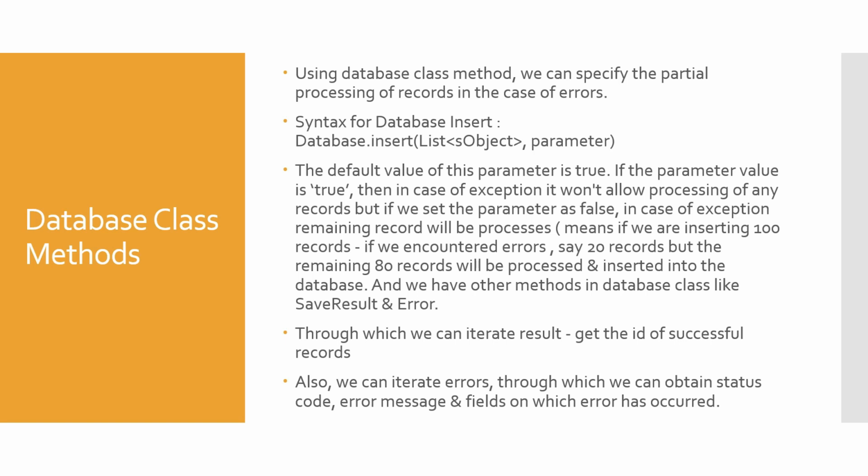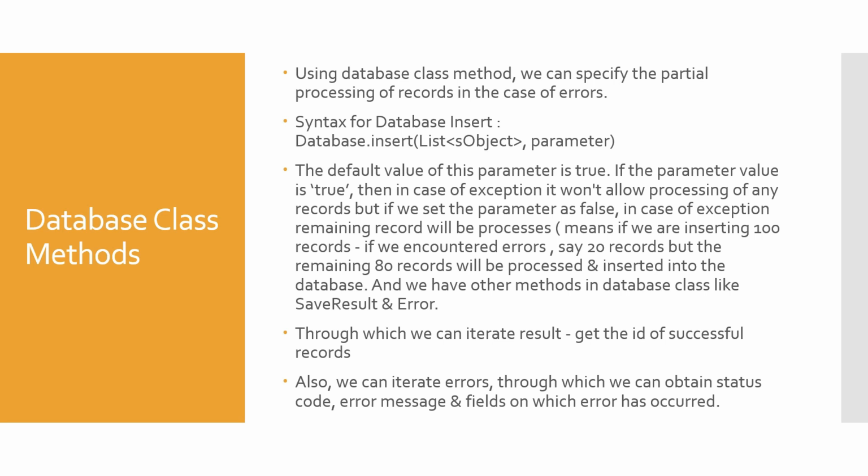If the parameter value is true, then in case of exception, it won't allow processing of any records. But if we set the parameter as false, in case of exception, the remaining records will be processed. Meaning if we are inserting 100 records and 20 records encounter errors, the remaining 80 records will be processed and inserted into the database.